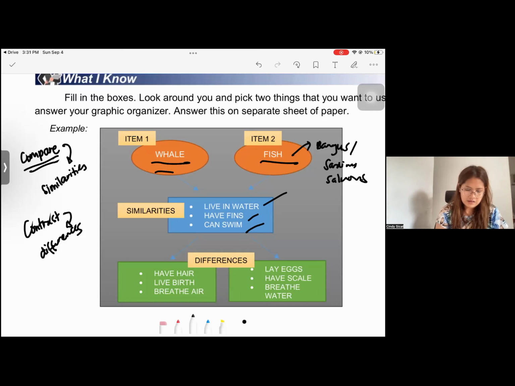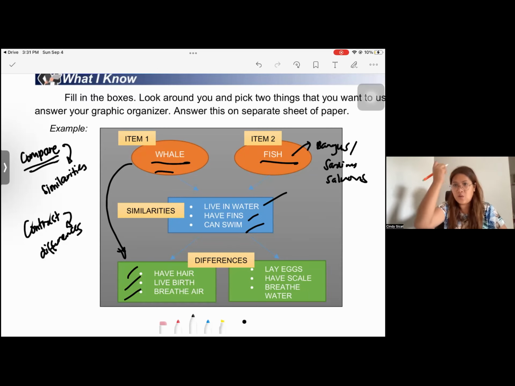Based on this module, whales have hair, they are given birth alive, and they breathe air because they have that hole. When they need air, they go above, they approach the surface of the water to get air.